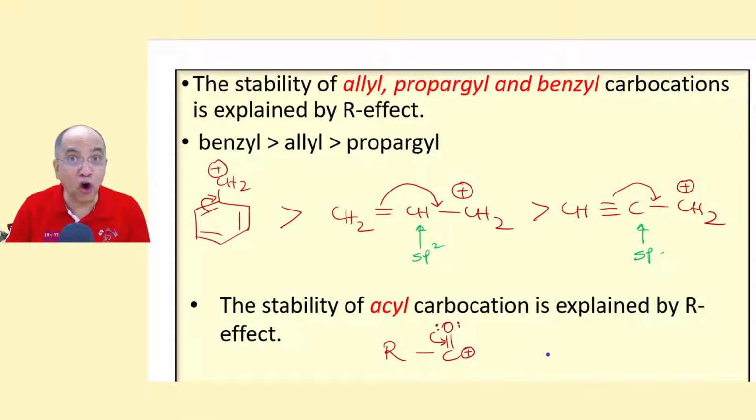You can draw another more contributing, more dominant resonance structure by electron delocalization. I am not drawing the RS. You have mastered drawing resonance structures. We are not going to do it once again in this lecture.